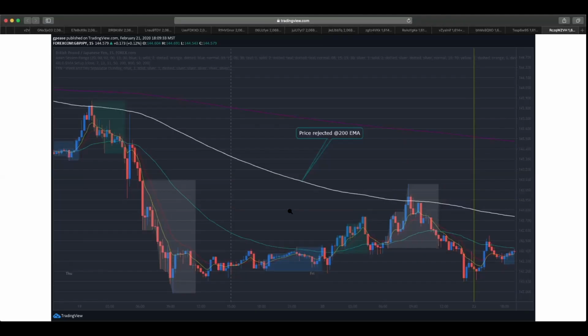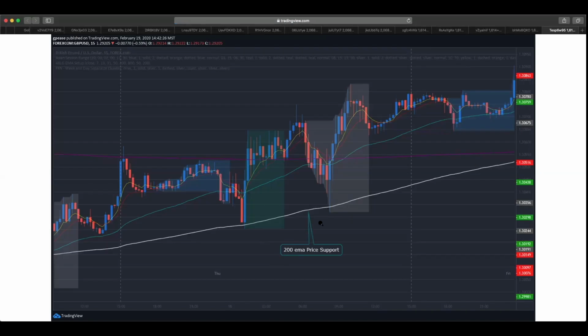Let's see. So it pins to the 200 basically. Price goes and gets rejected. Here's the New York session here. Goes up, pins it, comes right back down on a railroad track. You actually get a second leg here. So first, come back down, go back up, and then gets rejected there.